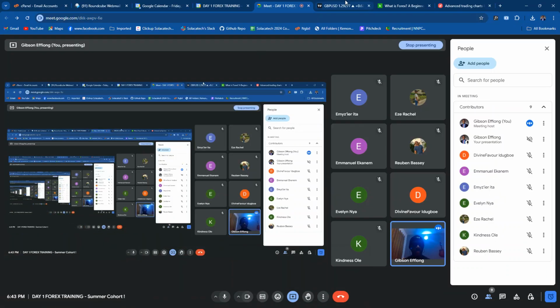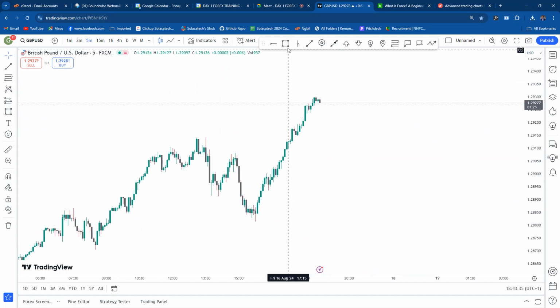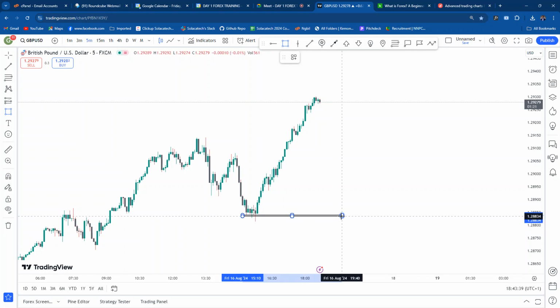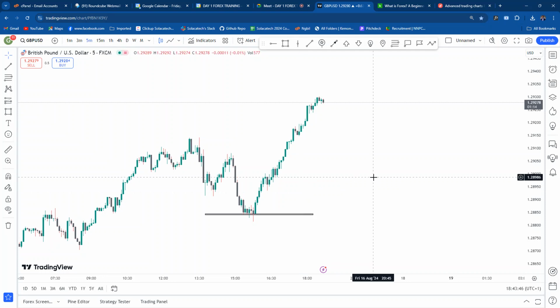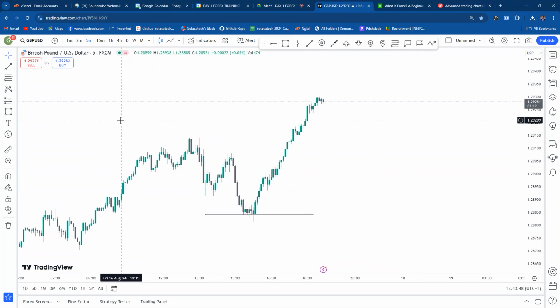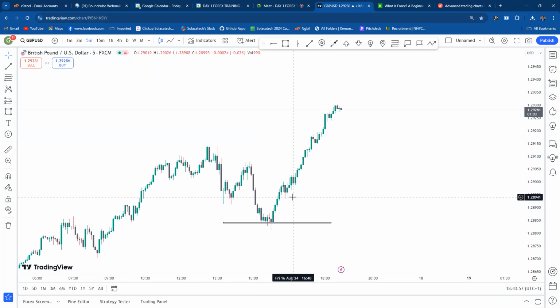Let me show you an instance because I want to be very practical as much as I can. This is an instance of a bullish market. Can you see my screen? If I'm to talk to a fellow trader and tell him I've been looking at GBP USD for quite a while now, the first question I often ask people who sell signals is: what is the trend of the market?